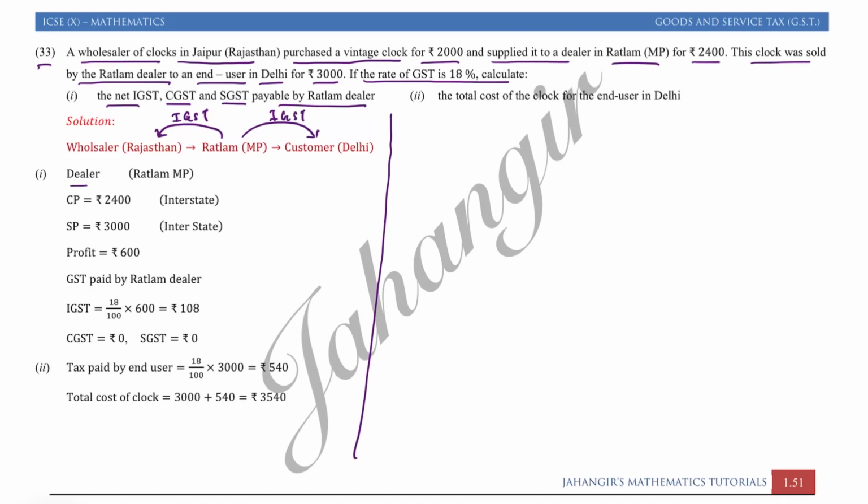So for the Ratlam dealer, first you have to write CP is equal to rupees 2400 and SP is equal to rupees 3000. So we can find input IGST.